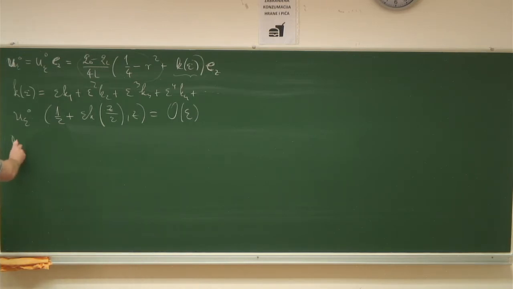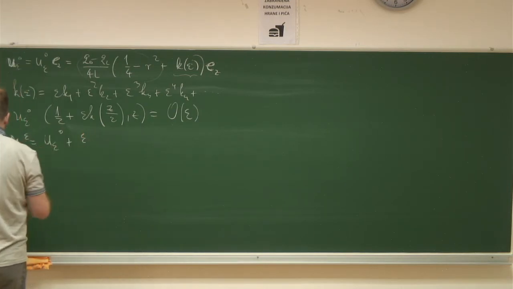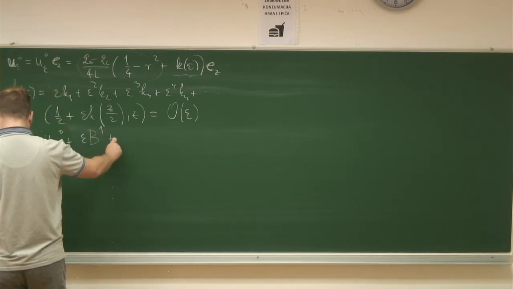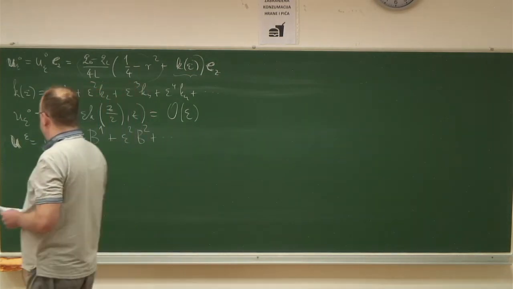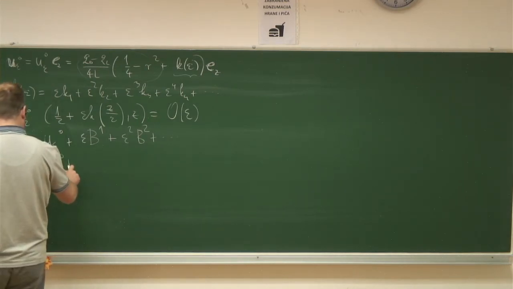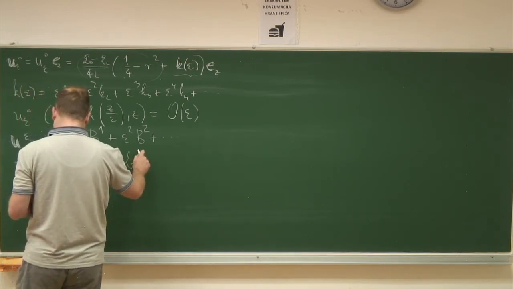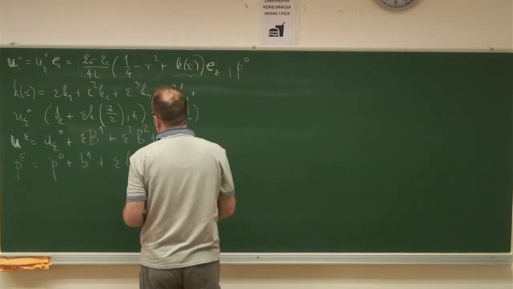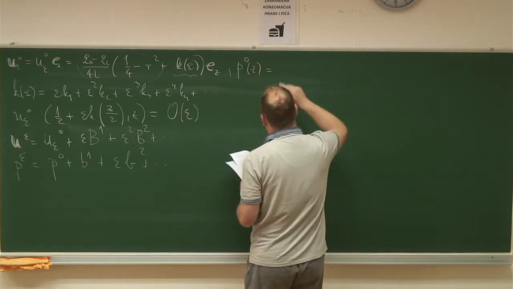So we seek for the velocity in the following form. So this guy here plus boundary layer correctors. And of course, for the pressure, this all has been done on the last lecture. Pressure, this zero-order approximation for the pressure was a simple linear function with respect to the longitudinal variable.